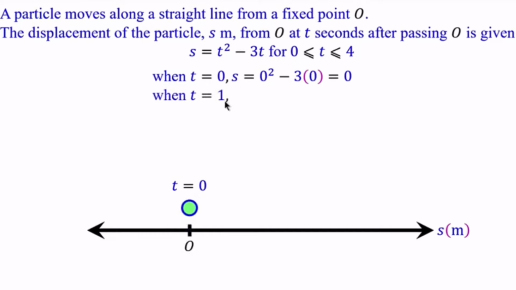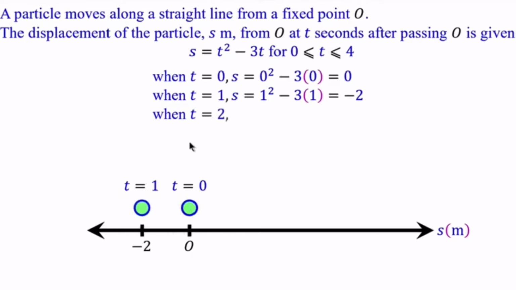When t equal to 1, where is the particle displaced to? When we substitute, s is equal to 1 squared minus 3 times 1, so we get -2. It means the particle has moved to the left of the fixed point O when t is 1, displaced -2 meters.